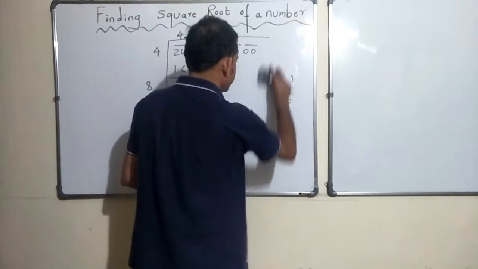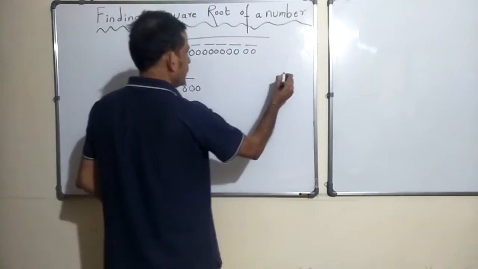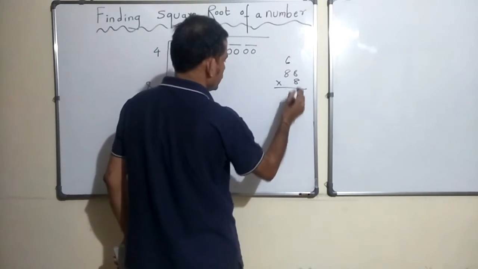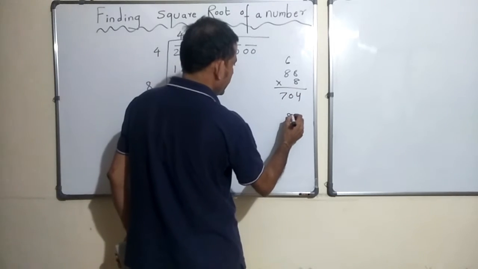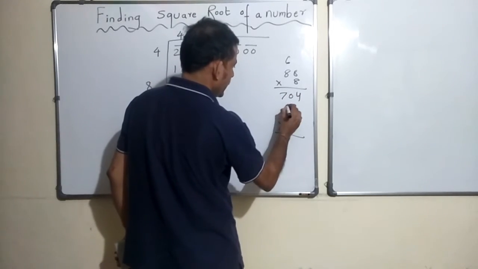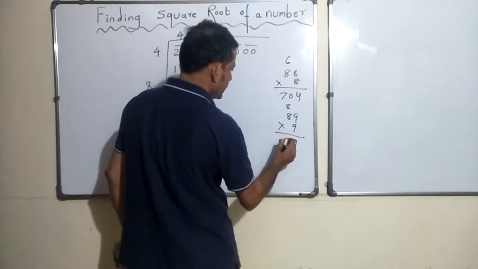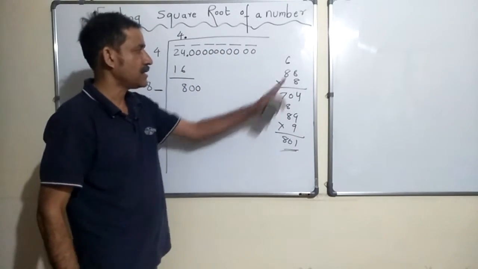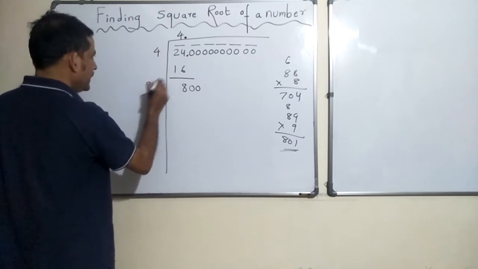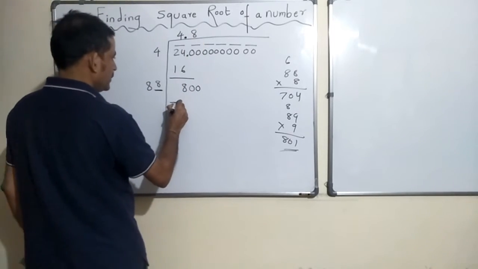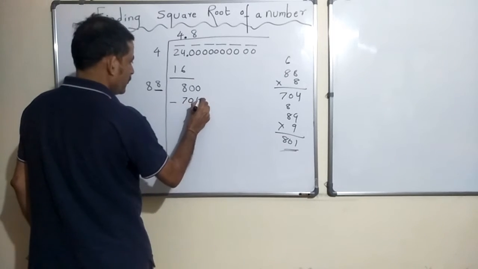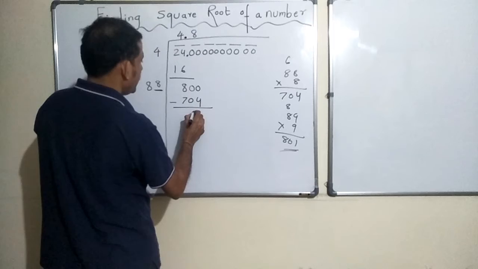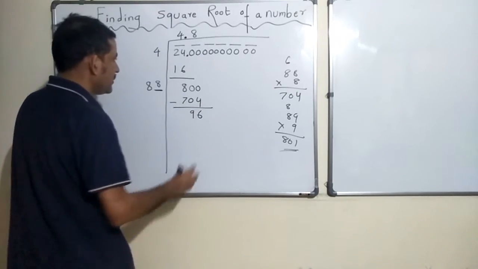Let's calculate that. 88 into 8 is 704. 89 into 9: 9 9s are 81, 9 8s are 72, plus 8, 80, so 801. That is slightly more, so I cannot take 9. I will settle for 8. 88 into 8 is equal to 704. All right, so that brings me to 96. Is that right?